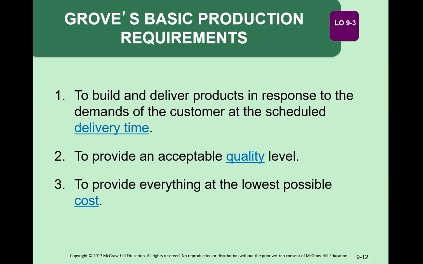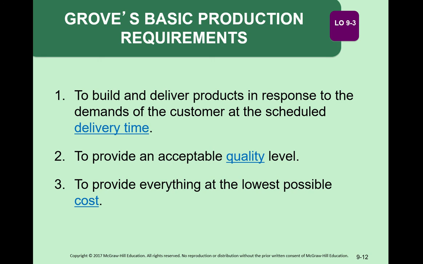Grove's basic production requirements. Andrew Grove was the CEO of Intel, and he basically pioneered microchip growth. He was a guru in terms of business, and he came up with 3 basic requirements. He said, yes, we need to focus on cost, but that shouldn't be the only thing we focus on.